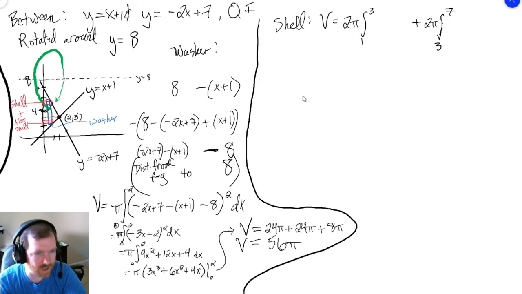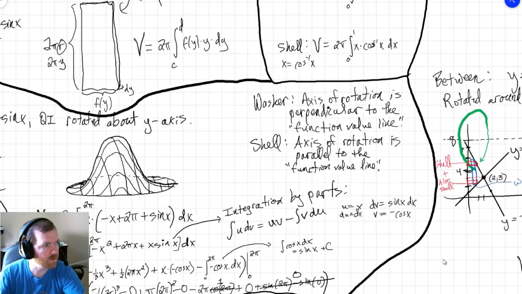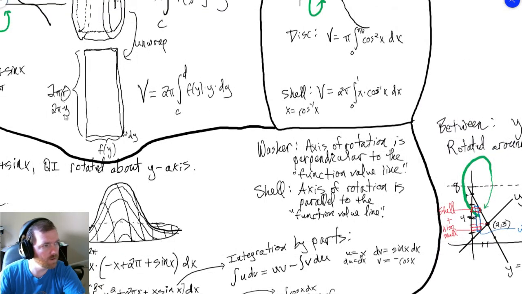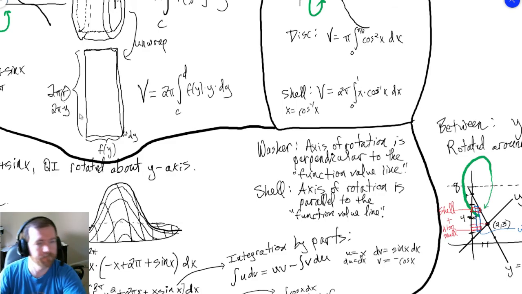So, what is the shell radius? So, when we were looking at 2 pi r from before, our radius was y, so it's no longer y, it's going to be 8 minus y.